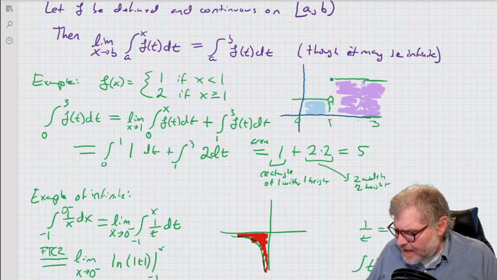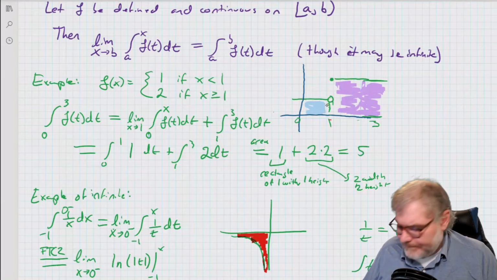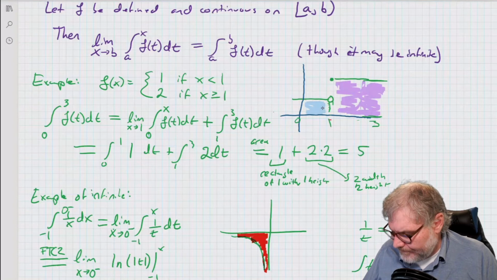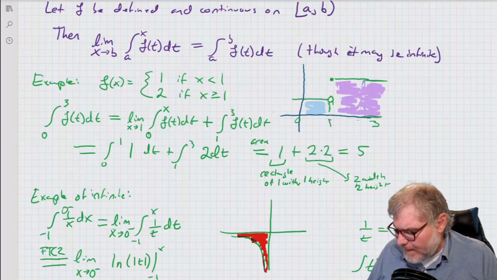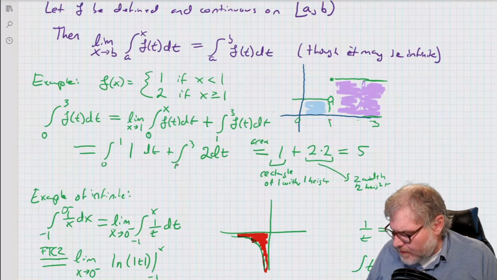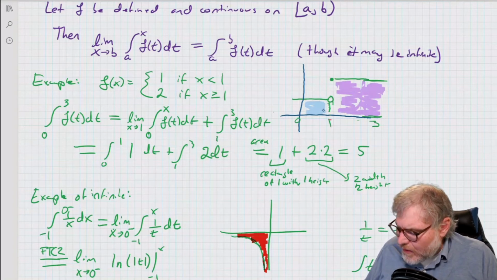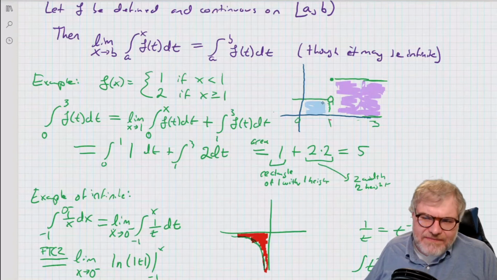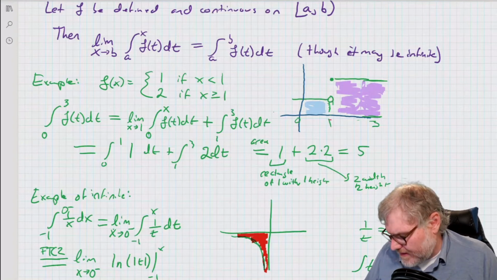And the important thing here is this piece actually is continuous if I included the endpoint. So I split this into the two pieces, and then I take the endpoint. And here I've got the integral from 1 to 3 of 2 dt. That's the function 2. So in other words, I can just fill in the point in one sense.